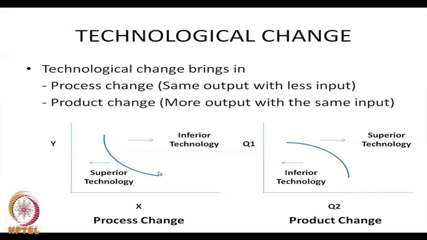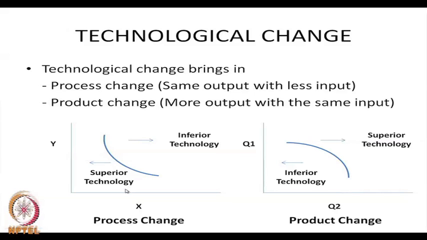Now, here we are showing an isoquant for the input material x and input material y, and let us assume this is the present operating condition of a farm using input x and input y. We are able to get the same quantity for different combinations of x and y.